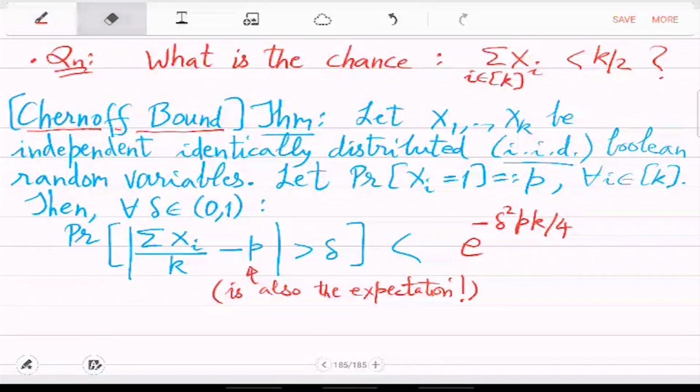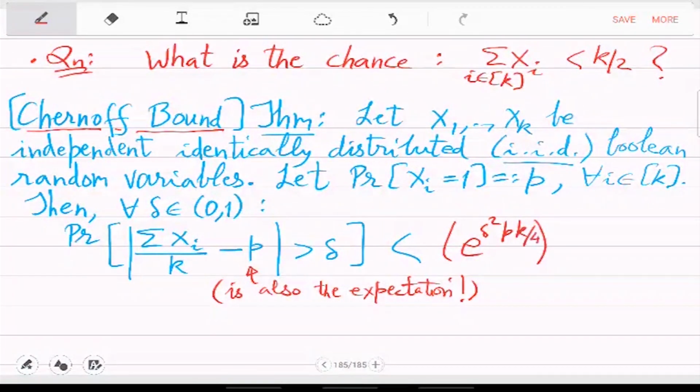So we can write it like this to see the effect: e raised to minus delta square p by 4, and then to the power k. As you increase k, this fraction is getting close to 0 exponentially fast. That is what the Chernoff bound says.